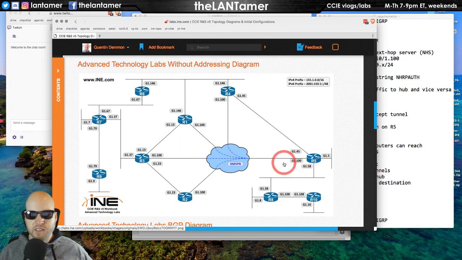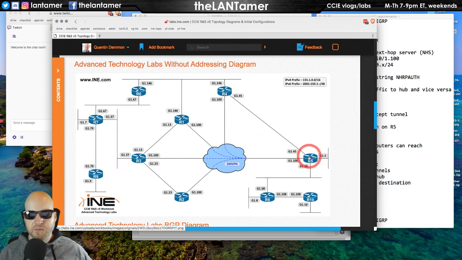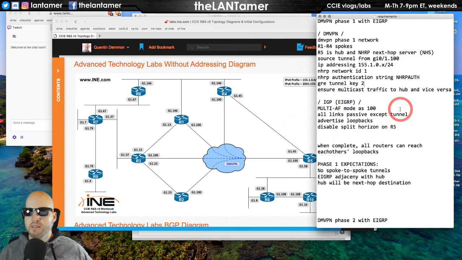In this case, it will, but it will change the next hop address to be itself, kind of like BGP next-hop-self. So no spoke will try to create a tunnel to any other spoke because the next hop is always going to be Router 5.